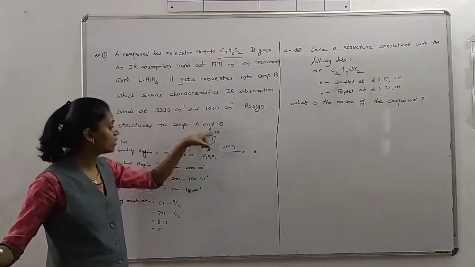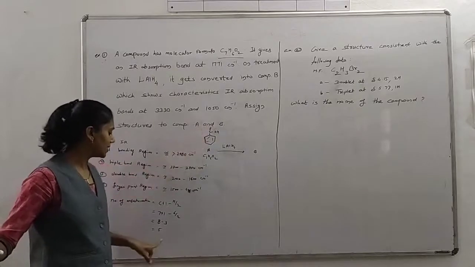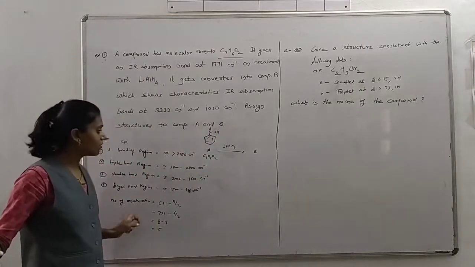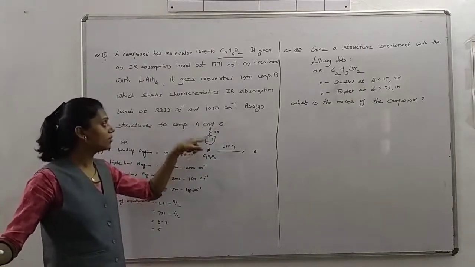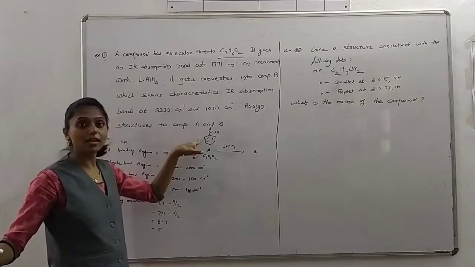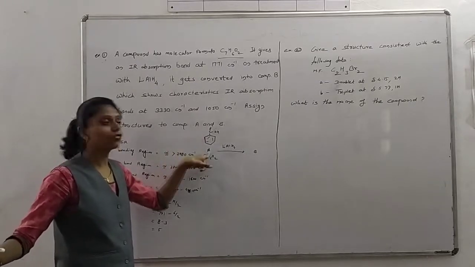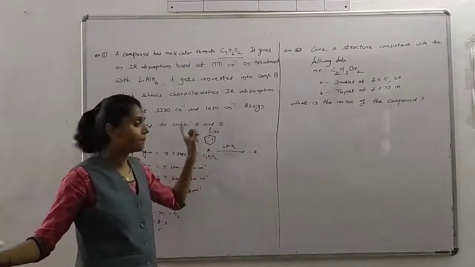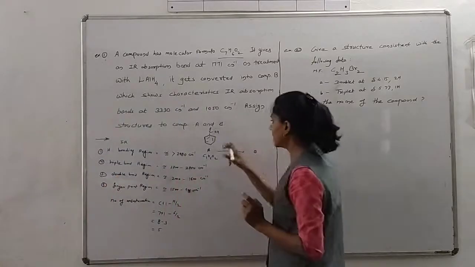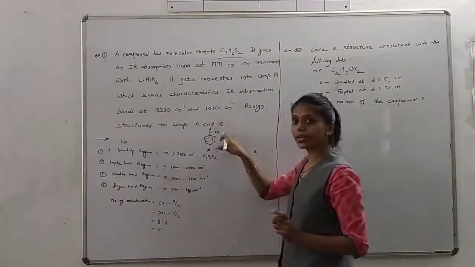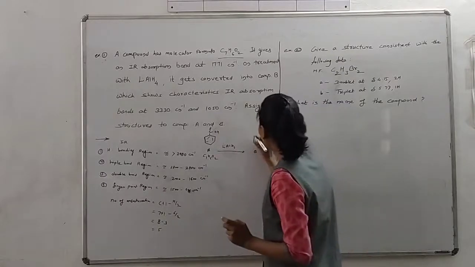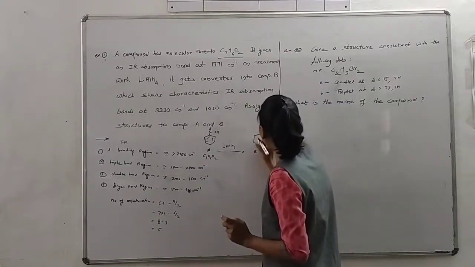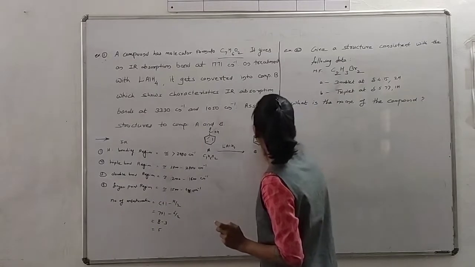In total the molecule has 5 unsaturations, so this is the correct structure for compound A. This is benzoic acid. After reduction, we get benzyl alcohol.